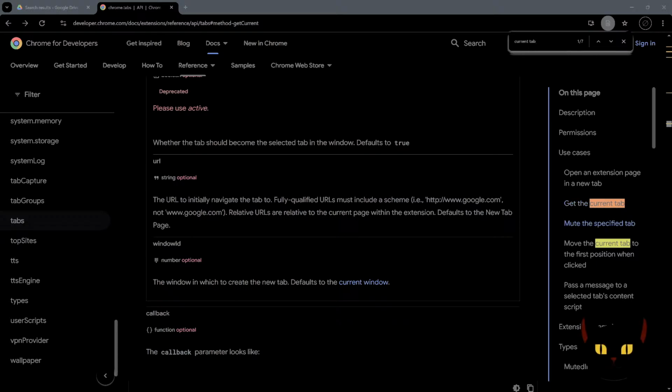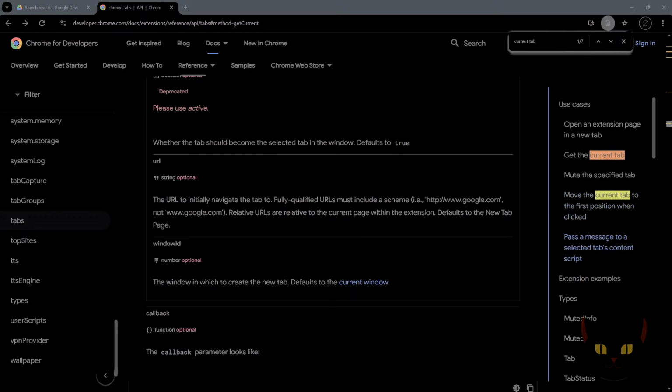New tab, get the current tab. Current tab, first position, click. That's interesting. I'm not sure when I would ever want that. Interesting.